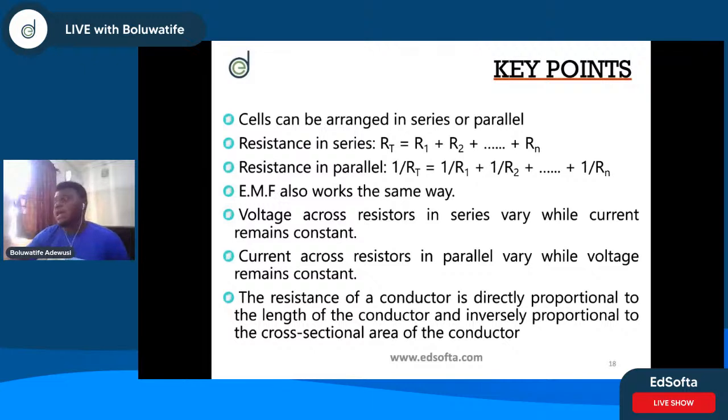You might also have something that measures your current so that you can track what's going on. All I want to note here is that we can arrange our resistors in two ways: in series and in parallel.